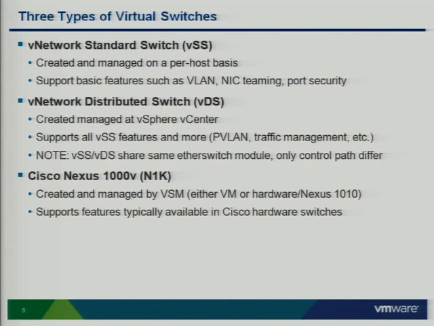Then you add particular hosts to that VDS. So basically, the VDS is a distributed entity that spans any number of hosts of your choice. The restriction is that all the hosts must be controlled by the same vCenter. You cannot span a VDS across multiple vCenters.